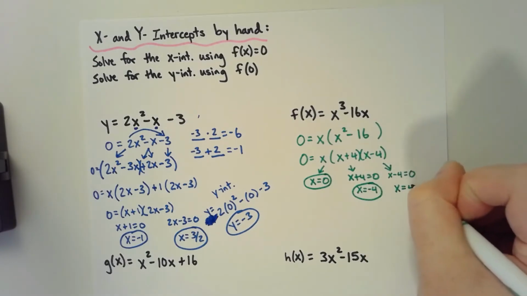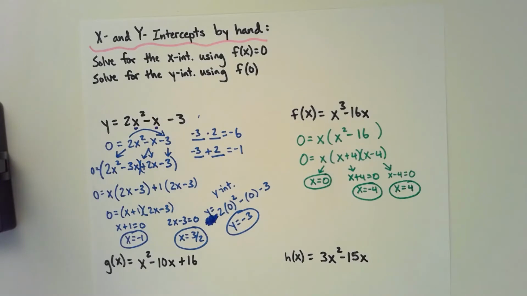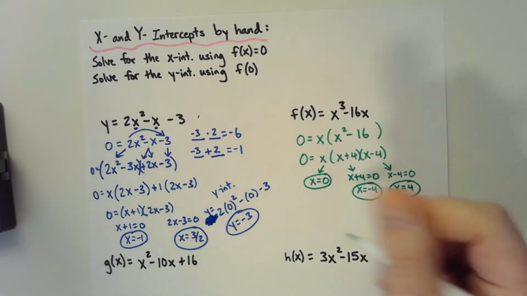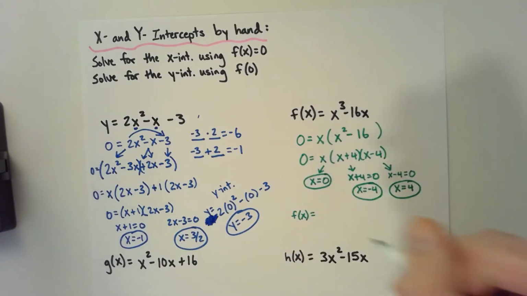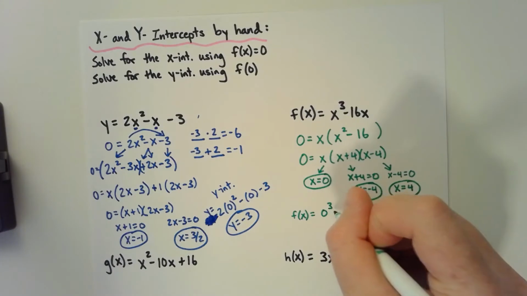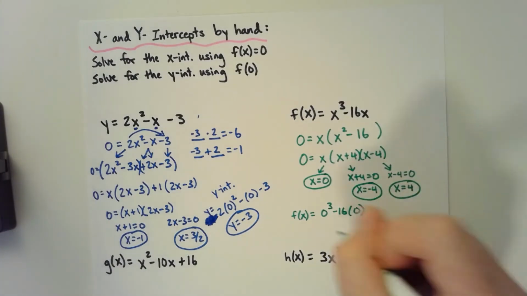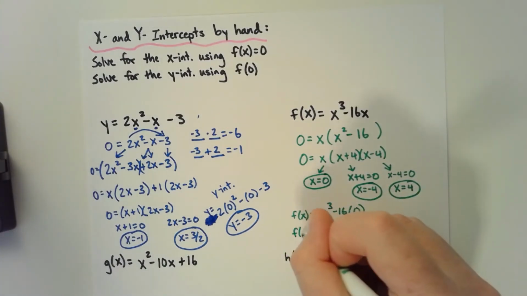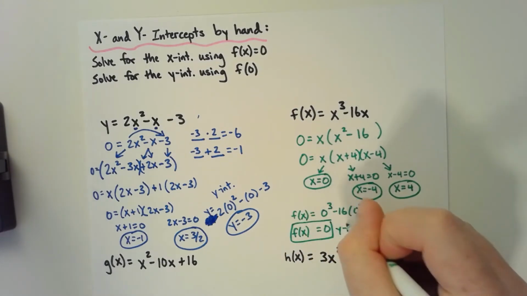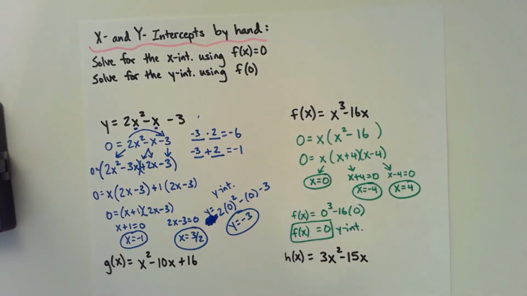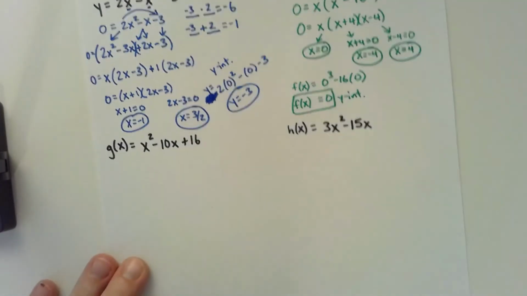Then we need to add 4, so x equals positive 4. So we have 3 x-intercepts, and then the y-intercept is just to plug in x equals 0. So we're going to plug in 0 cubed minus 16 times 0, and then that is just equal to 0 for our y-intercept.